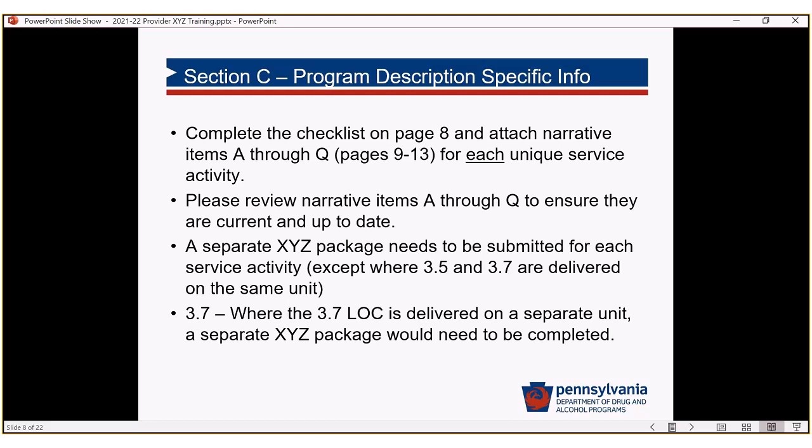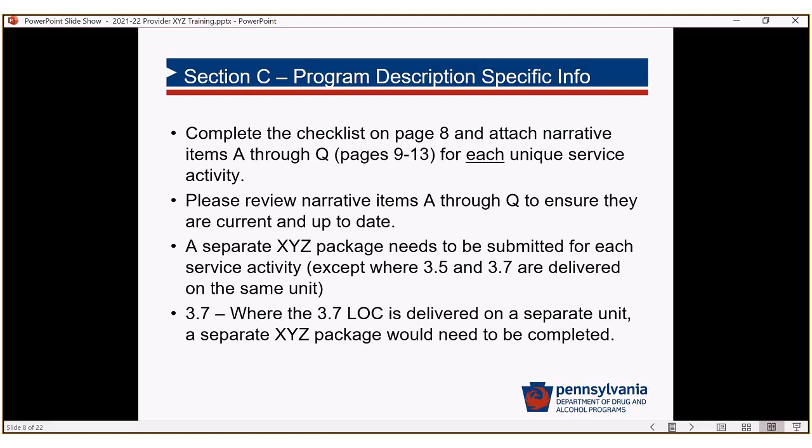So as we've incorporated 3.5 or 3.7 into our package, we've had some discussion with providers and in-house and with our SCAs on how to develop a rate for that. So if the 3.7 is being provided in a freestanding facility that only provides that level of care, you would complete a separate XYZ package just as you would for any other level of care.